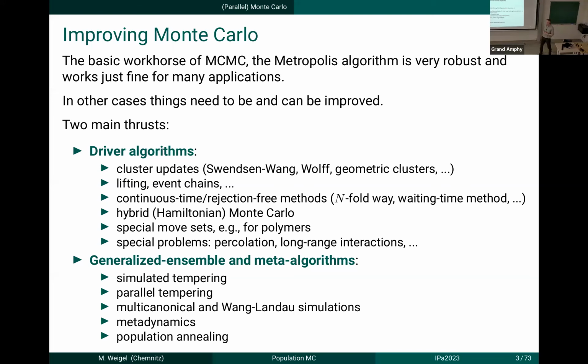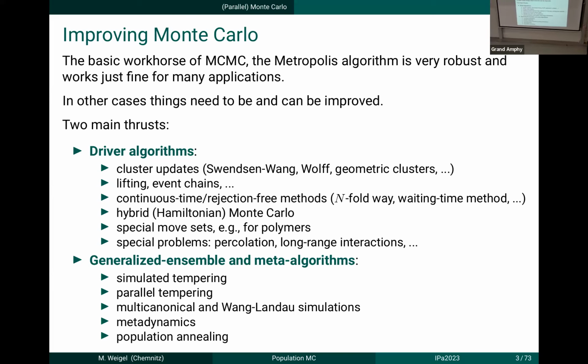This algorithm works pretty well in a general sense, but of course many things can be improved, and so these improvements could be put into two groups. One I call here driver algorithms. So this is essentially using different move sets, using different local or non-local dynamics to improve things, and most of those will be quite familiar to you.